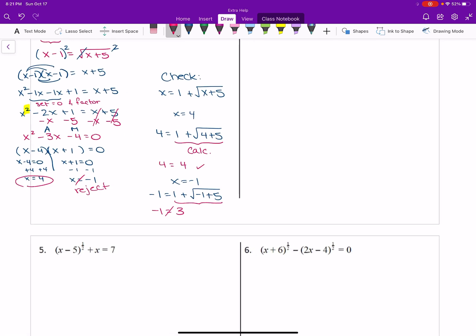Now this one is not a no solution answer like the last one, because we do actually have a solution. Our answer that we're left with is just the 4. Sometimes one of them rejects when there's 2 answers, sometimes neither one rejects, and sometimes both reject. So you do have to make sure you check them all.